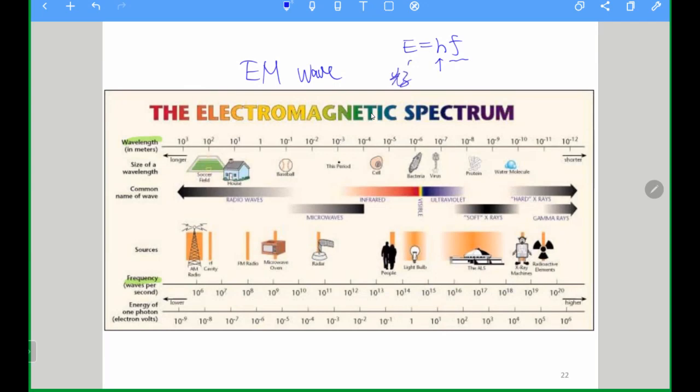Here you can also check the gamma ray. Gamma ray is something like the highest energy particle. The frequency of it is around 10 to the 20th power, or even higher. Slightly lower energy will be X-ray, soft X-ray and hard X-ray.